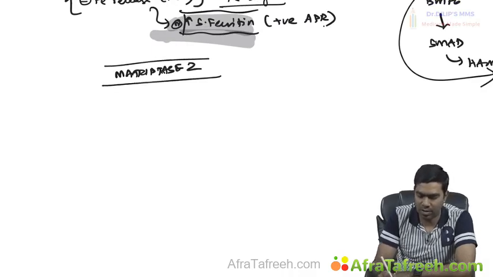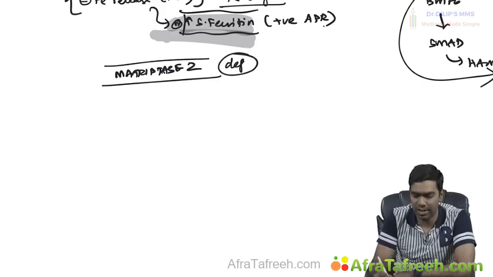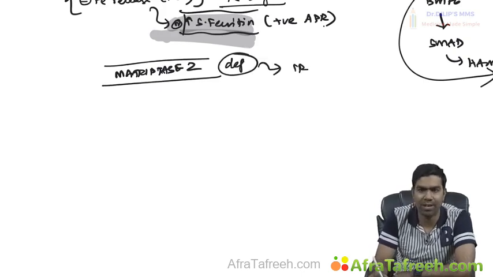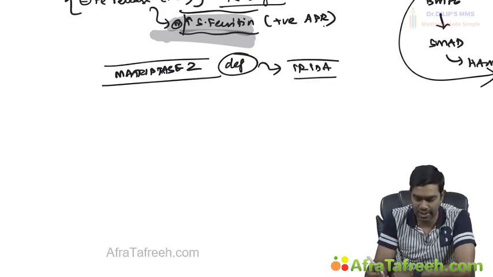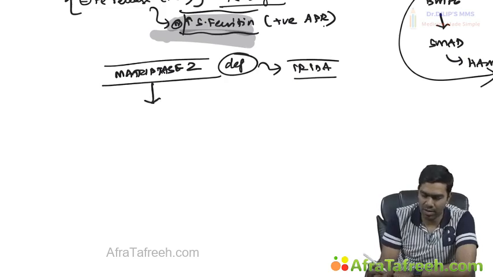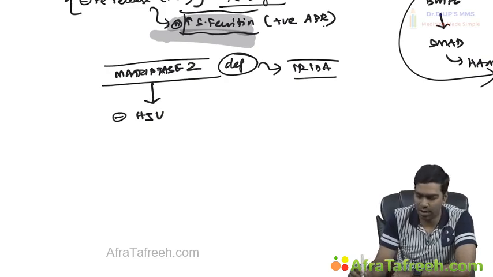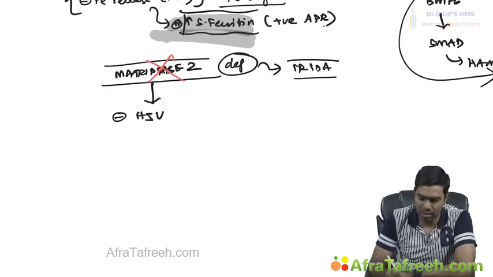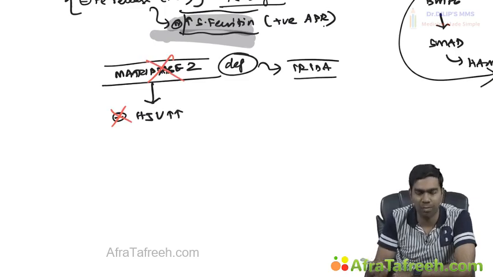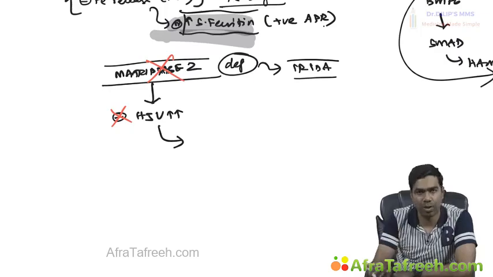Matriptase 2 deficiency. Whenever you have matriptase 2 deficiency, it results in a peculiar condition called iron refractory iron deficiency anemia. What happens in this state is that matriptase is the one that cleaves the hemojuvelin. That you can write as inhibit the hemojuvelin. When you don't have this properly working matriptase, you cannot inhibit, which means your hemojuvelin signaling will be more, which means this cascade is going to work more.